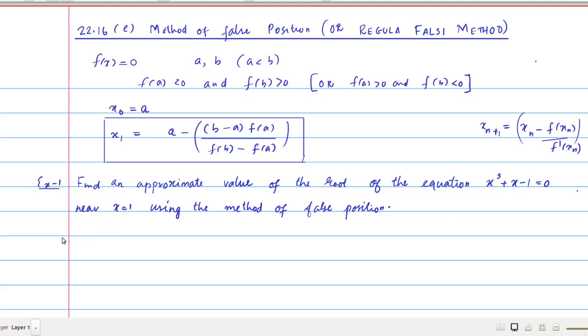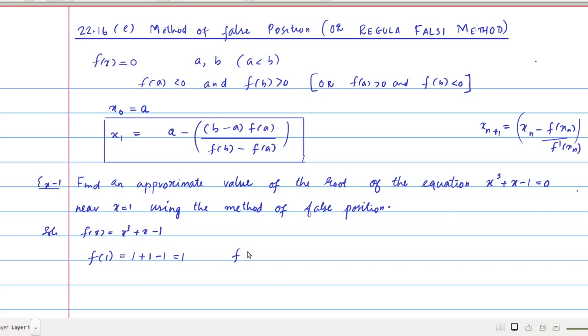So first of all for the solution we write f of x. f of x is equal to x cube plus x minus 1. It is given that the root is near to x equal to 1. So first we find f of 1. That will give 1 plus 1 minus 1, that is equal to 1. So immediately verify f of 0 and f of 2, the 2 consecutive integers near to 1.